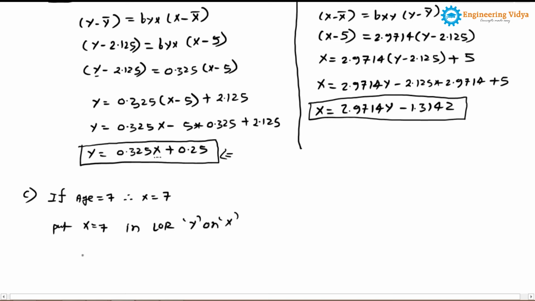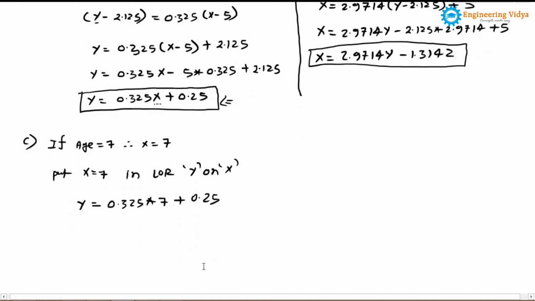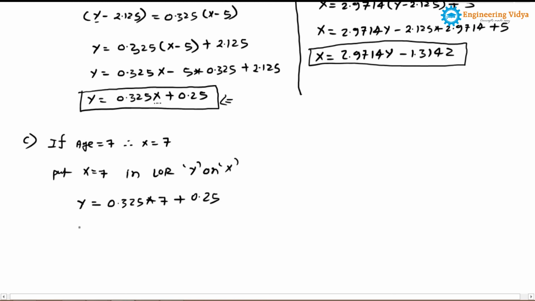If we put everything over here, y will be equal to 0.325 multiplied by 7 plus 0.25, and after the final calculation we get the value of y, which is 2.775.